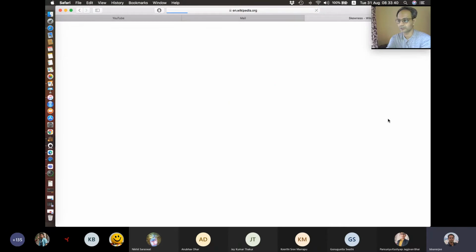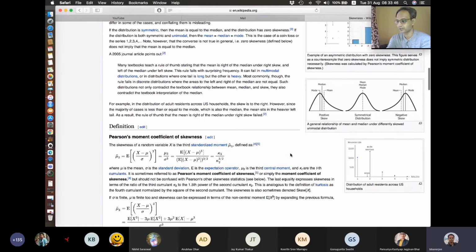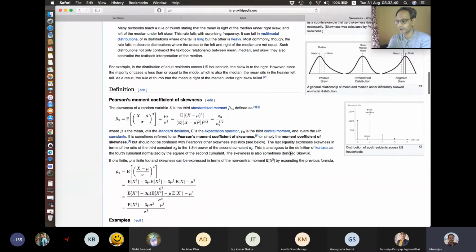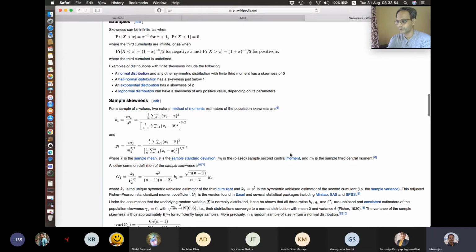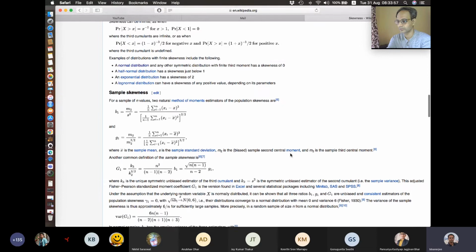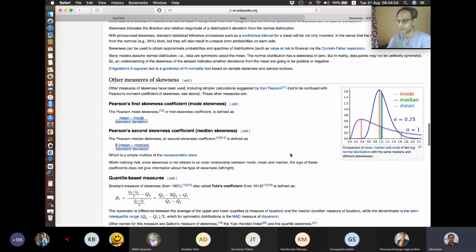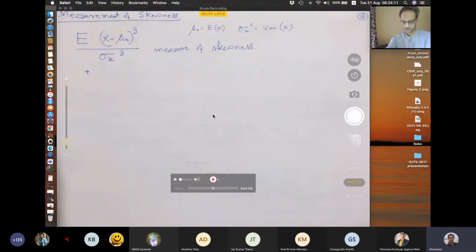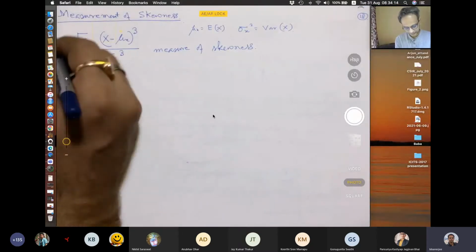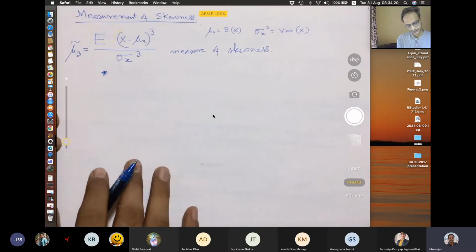Mu3 tilde they have anyway. Okay, anyway, let us call this mu3 tilde, the measurement of skewness.